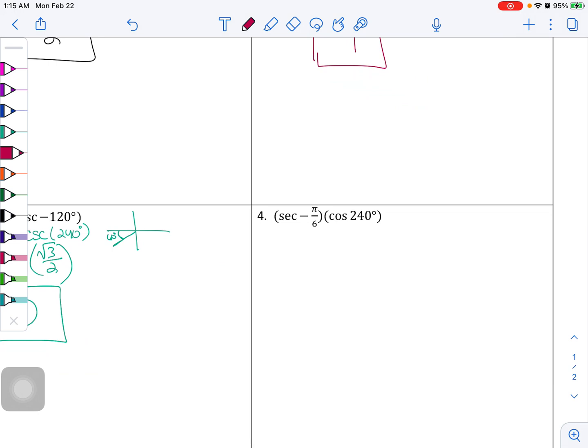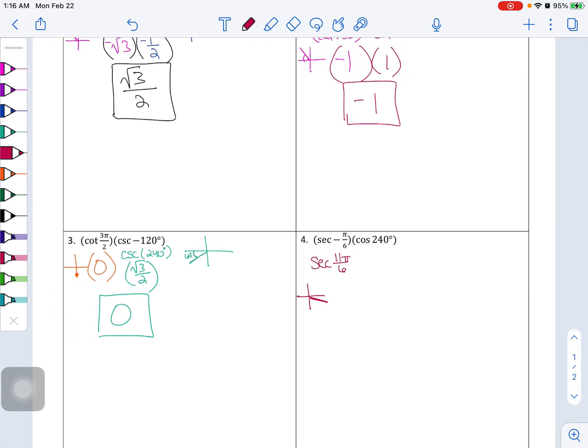All right, last but not least, we've got the secant of negative pi over 6 times the cosine of 240 degrees. Let's start with secant of negative pi over 6. Well, that would be the secant of 11 pi over 6, and that is right here in quadrant 4.